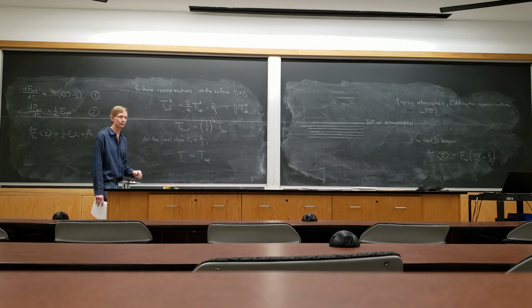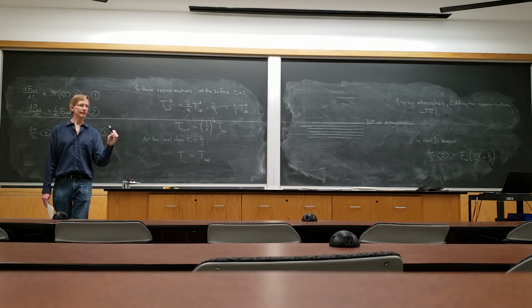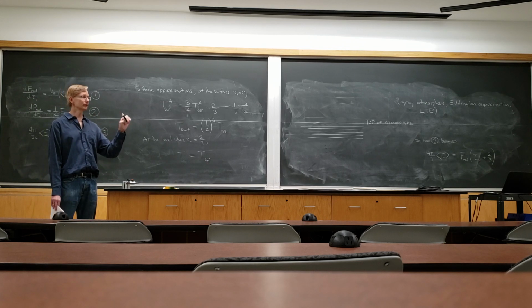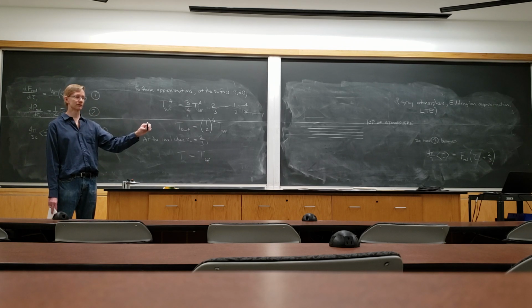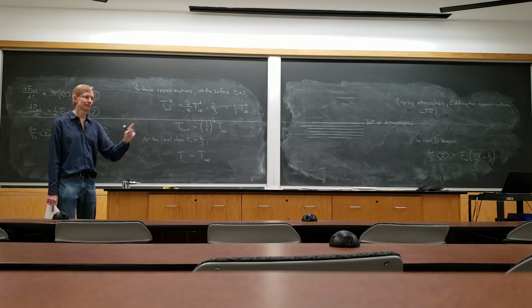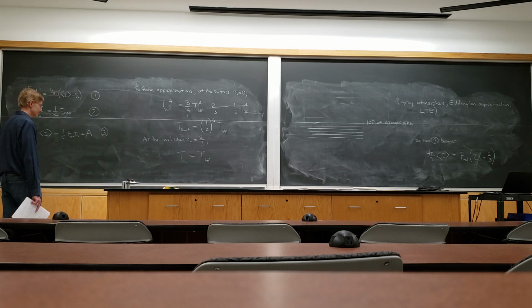Because if you go back to our relation, T to the 4th is 3/4 TEF to the 4th times tau V plus 2/3. If you put in tau equals 2/3, you get 2/3 plus 2/3 is 4/3, and 3/4 times 4/3 is 1. Wow. That is so cool.